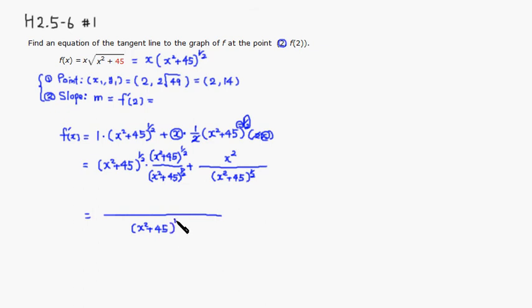If you multiply quantity x squared plus 45 to the 1/2 power times itself, the 1/2 power is the same as the square root, so it's basically squaring a square root. The 1/2 is gone, so you just get x squared plus 45.